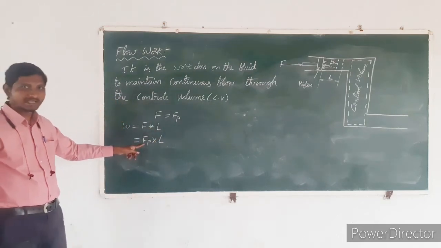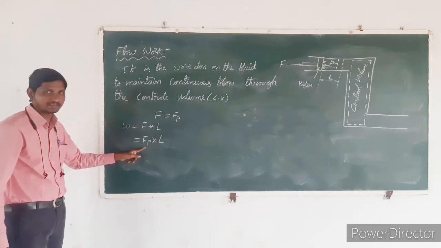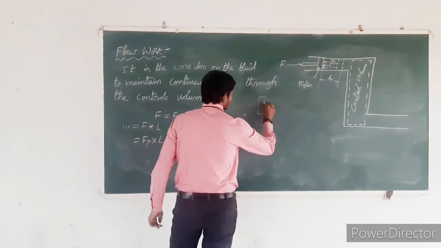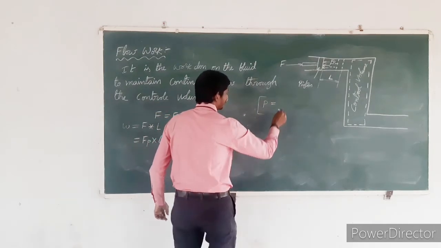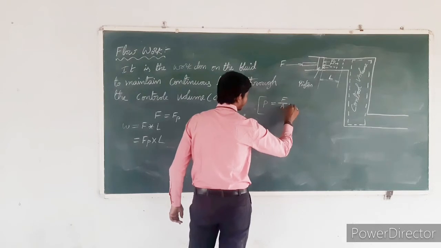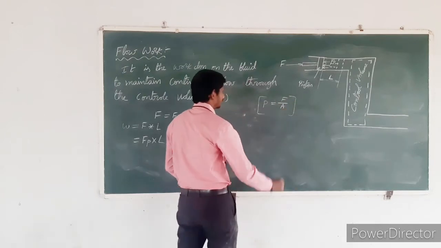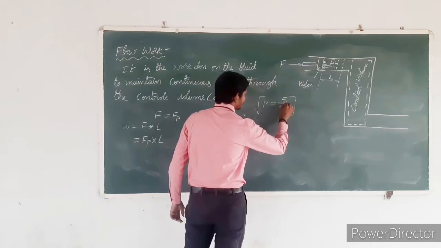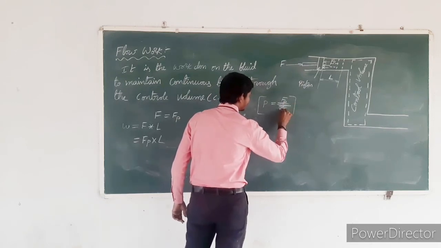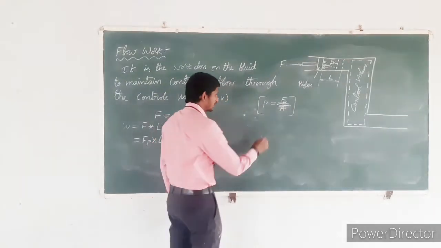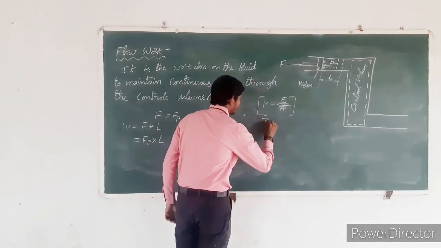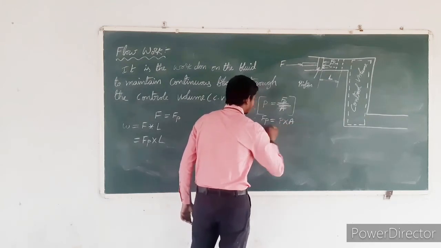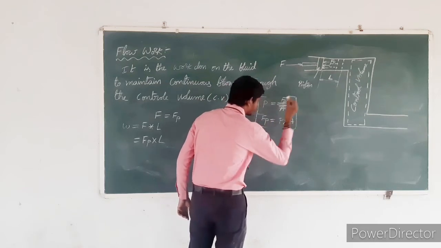To obtain force due to pressure, we already know the formula for pressure. Pressure P is equal to force per area. This is the force due to pressure Fp. So from this formula, we obtain Fp is equal to pressure into area of the piston.